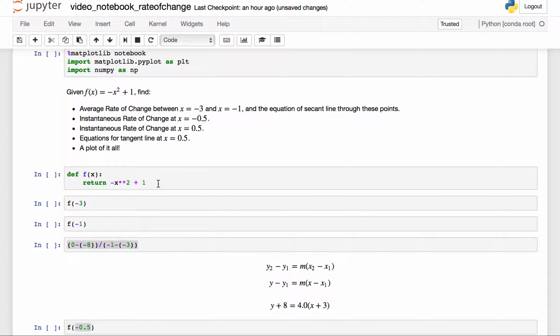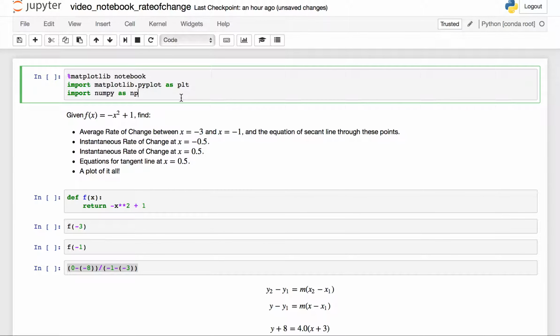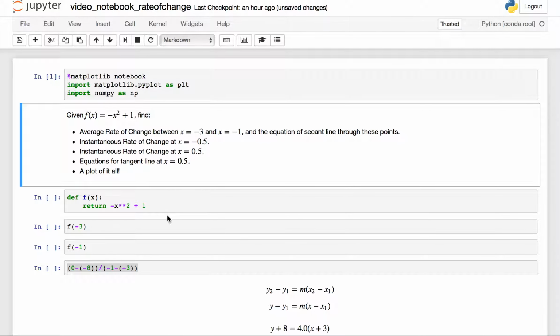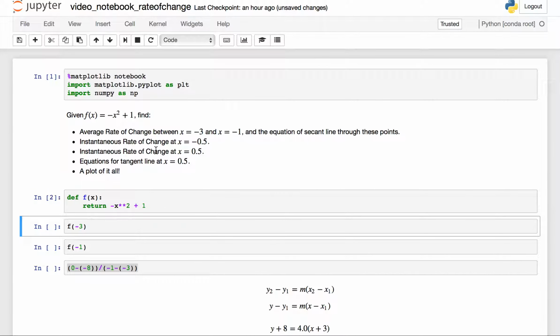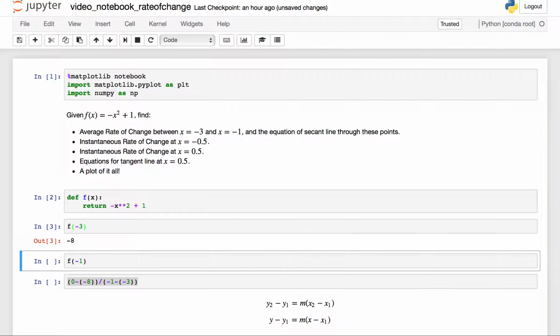So we'll begin by, of course, importing our libraries, and then we need to define this function, negative x squared plus 1. To find the average rate of change between x equals negative 3 and x equals negative 1, we're going to find the slope of the line between those 2 points. The point negative 3 and whatever f at negative 3 is, which is negative 8.